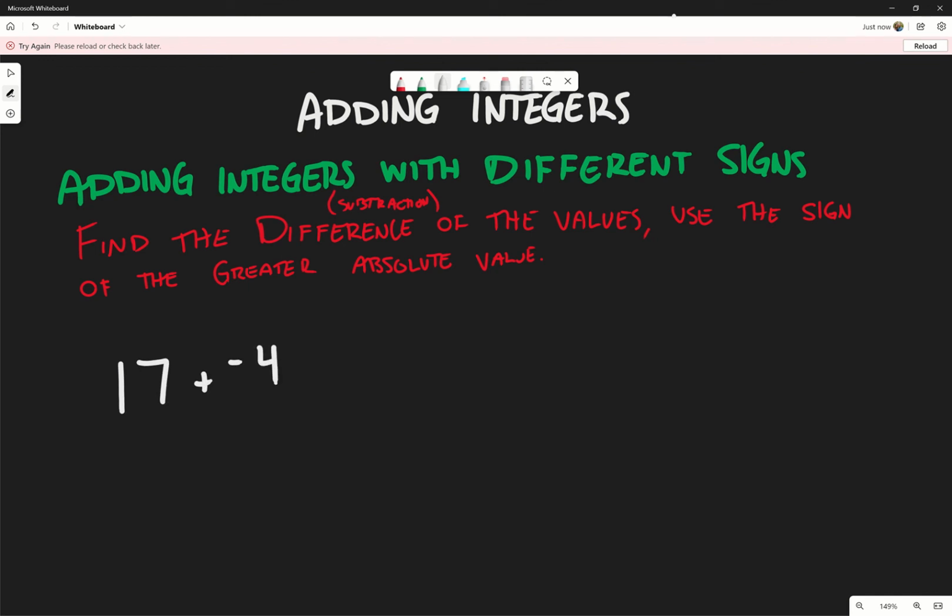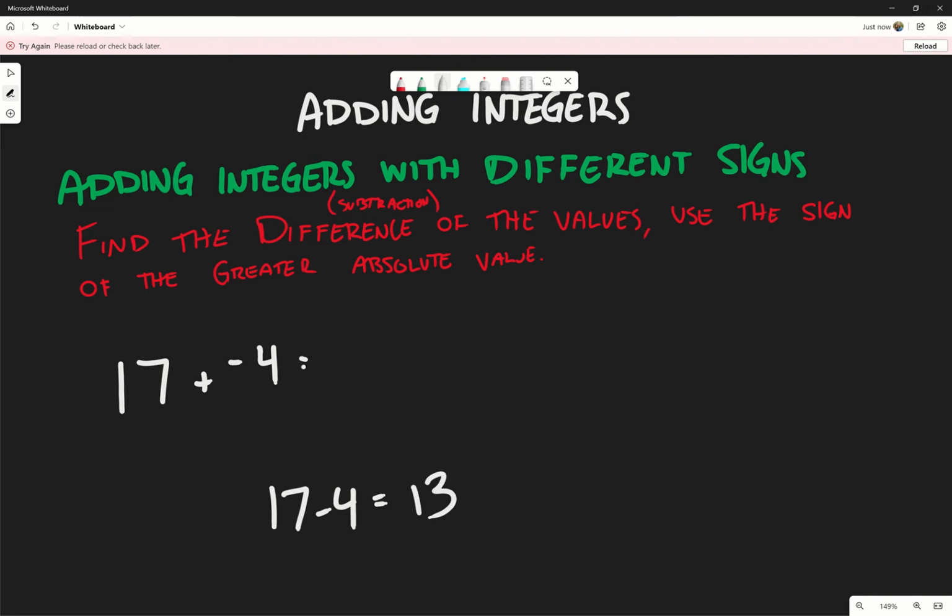Okay, here I have two numbers with different signs. I have one positive and one negative. And when I have one positive and one negative, the first thing I want to do is subtract my two numbers. And I don't care which one's positive or negative, it doesn't matter. I just want to do my bigger value minus my smaller value. So this one would end up being something like 17 minus 4, which would be 13.